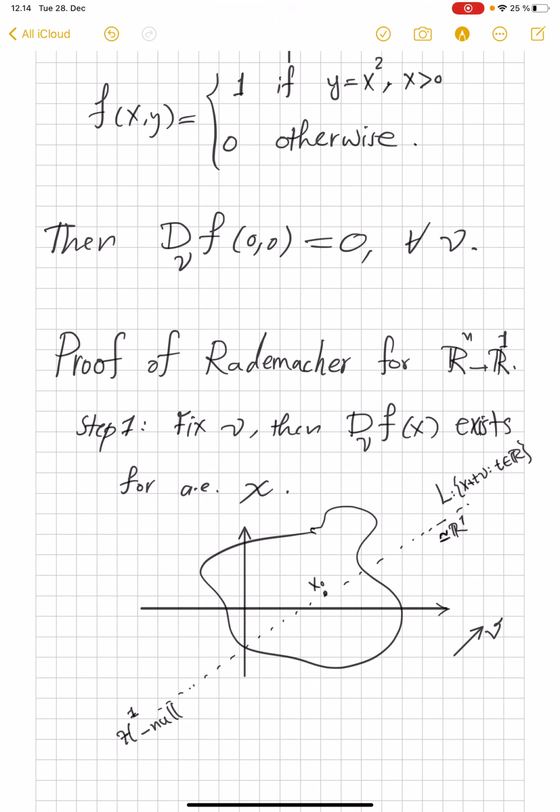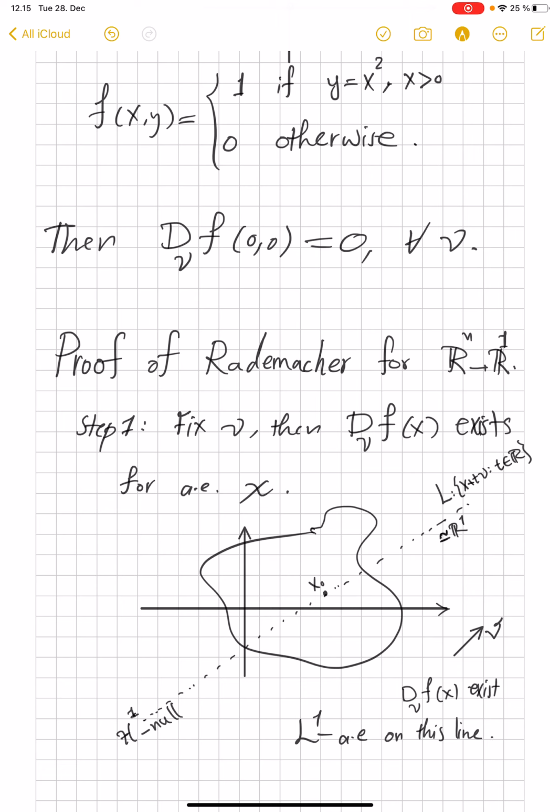Remove a null set from this line, and everywhere else your function is differentiable. But your function being differentiable here is just saying that the directional derivative in direction v exists. So this exists almost L1 almost everywhere on this line.